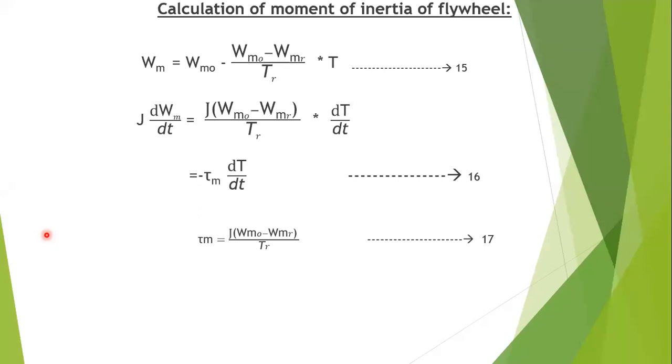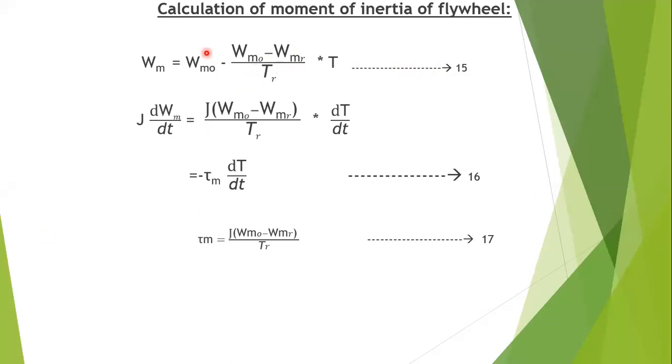Electrically they are in stable equilibrium, we are taking that assumption. So in this 15th equation, this will be in steady state actually, but it may be applicable to transient operation also.